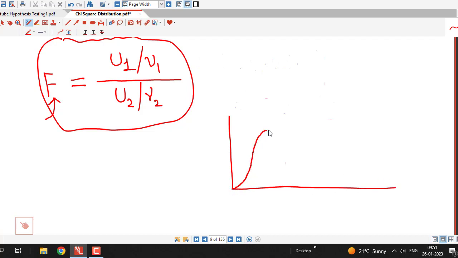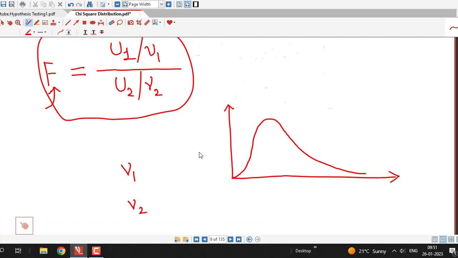It is skewed to the right and it is asymmetrical. So the graph of F distribution is also skewed to the right. It looks similar to the probability density curve of chi-square distribution, having a tail on the right side. For different values of numerator and denominator degrees of freedom, we will have different density curves for F distribution.